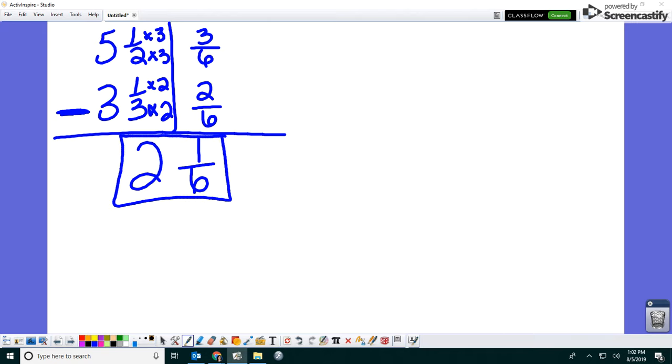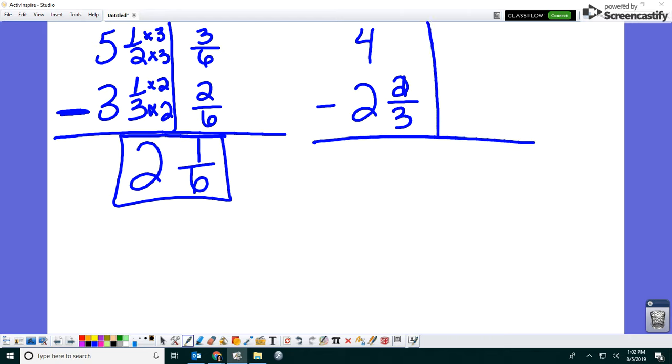That's the easiest kind. But what if I have, let's go back to that whole number, when you're subtracting with a whole number and a mixed number. What are you going to do here? So remember that having nothing right here is like having a 0, okay?